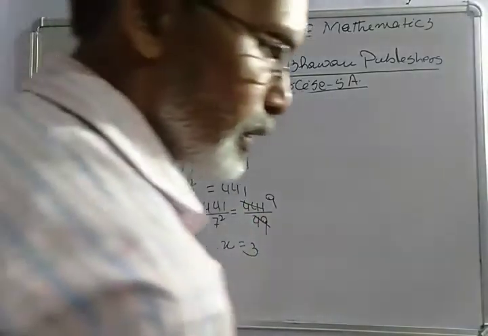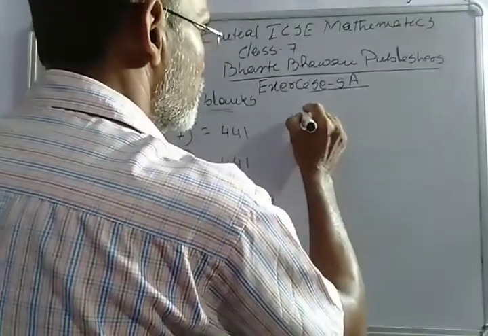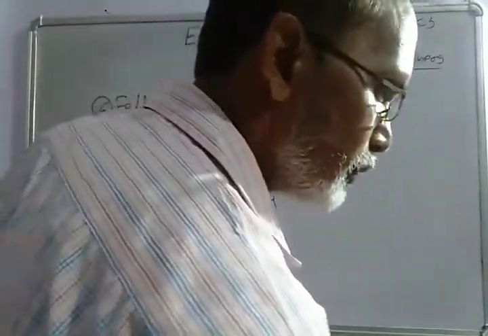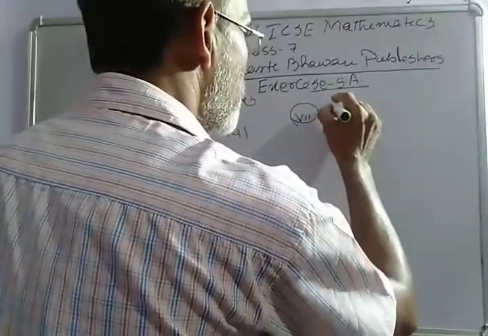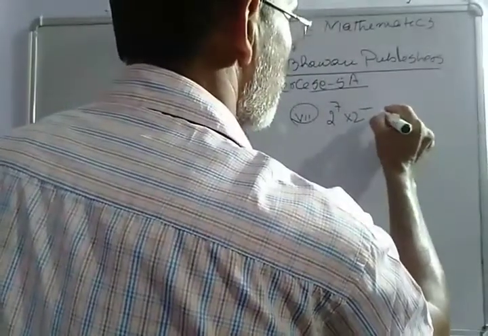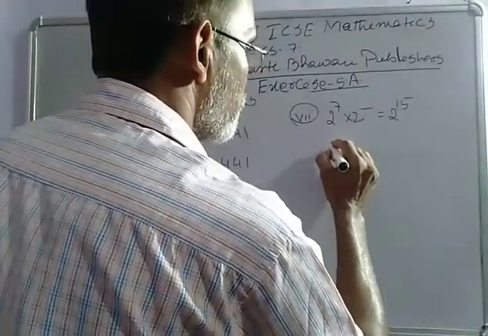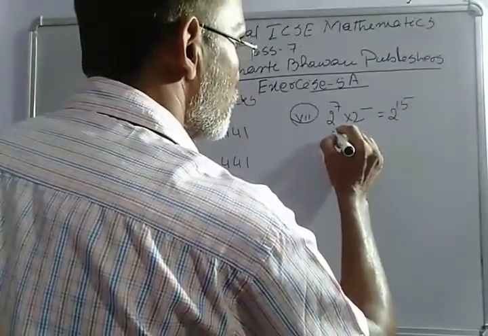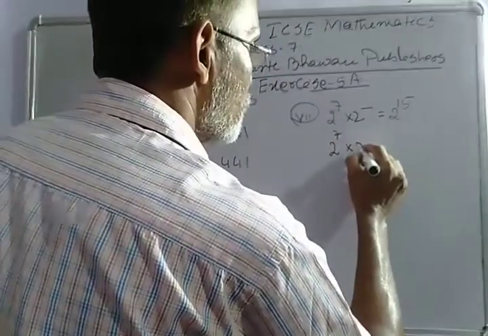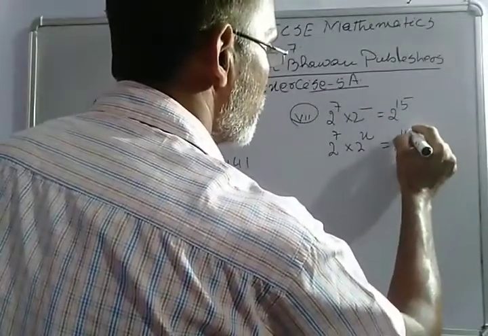So next one is number 7. 2 to the power 7 into 2 to the power x is equal to 2 to the power 15.